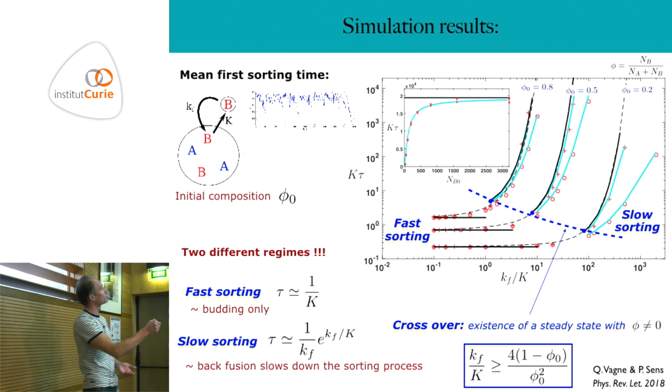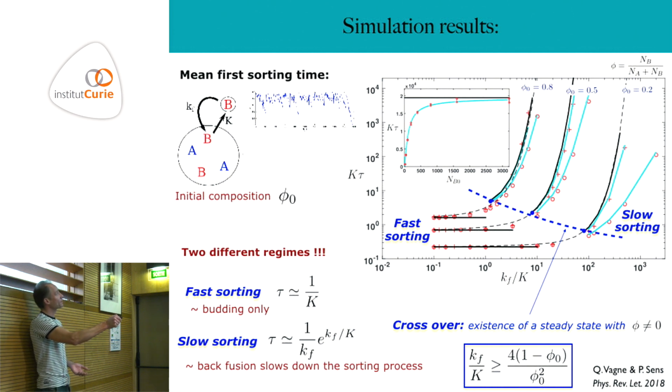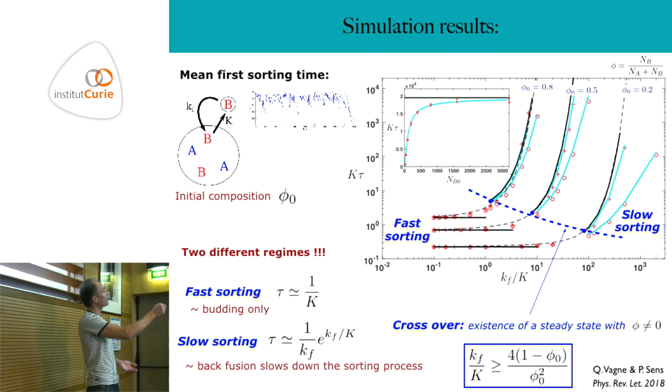If fusion is very slow, basically the sorting will be due to budding, and it will be a deterministic sorting which happens at a time which is the inverse of the budding rate. This is fast sorting. But now if you turn on the fusion, everything that you've sorted can come back with some rate. And if the fusion rate is large enough, the time for full sorting actually starts increasing exponentially with the ratio of fusion rate to budding rate.